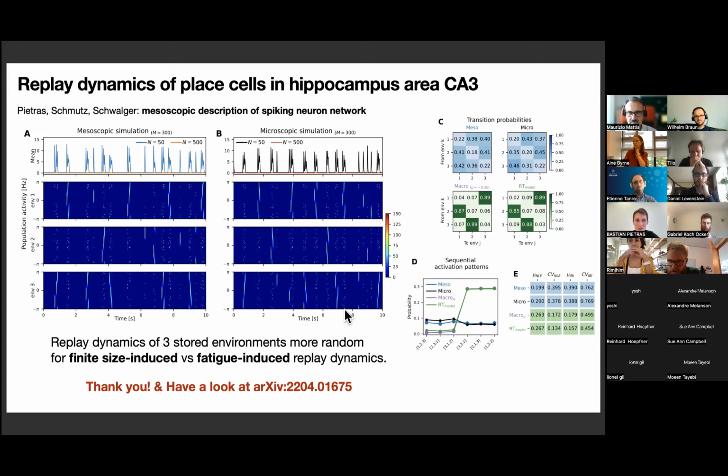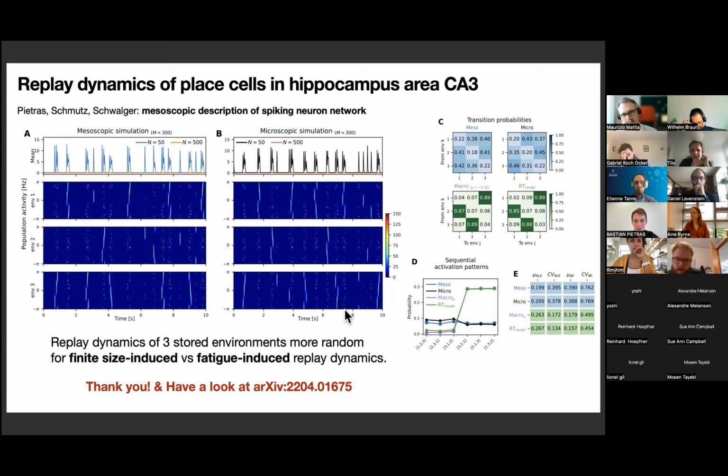There's no stochastic input at all. The only stochasticity is the stochastic firing, but the external inputs are deterministic. All neurons receive the same input. It's kind of stationary, so there's nothing that triggers single events.